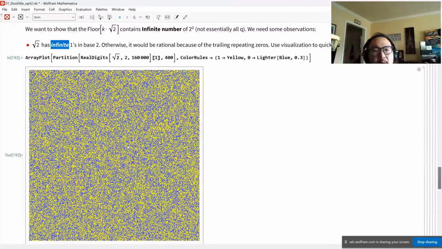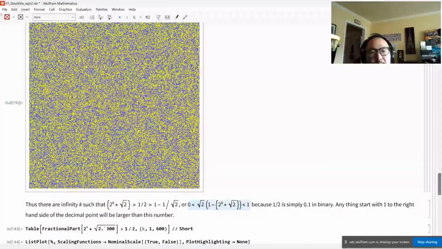And this basic diagram shows it's kind of messy. If there are only a finite number of ones, you will see all the light blues truncated after some digits.